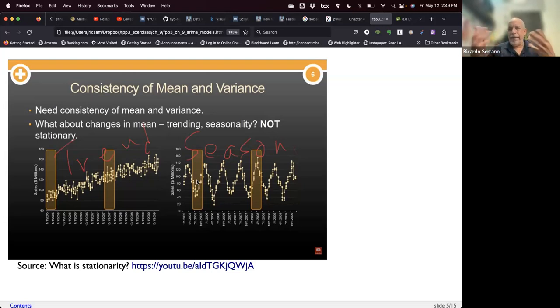Let's say retail. In retail, you know that during the holidays or during Christmas, at the end of the year, usually the retail sales go up, right? And then they peter down again and they go up again on the next year. So that seasonality disqualifies this time series as a stationary time series.